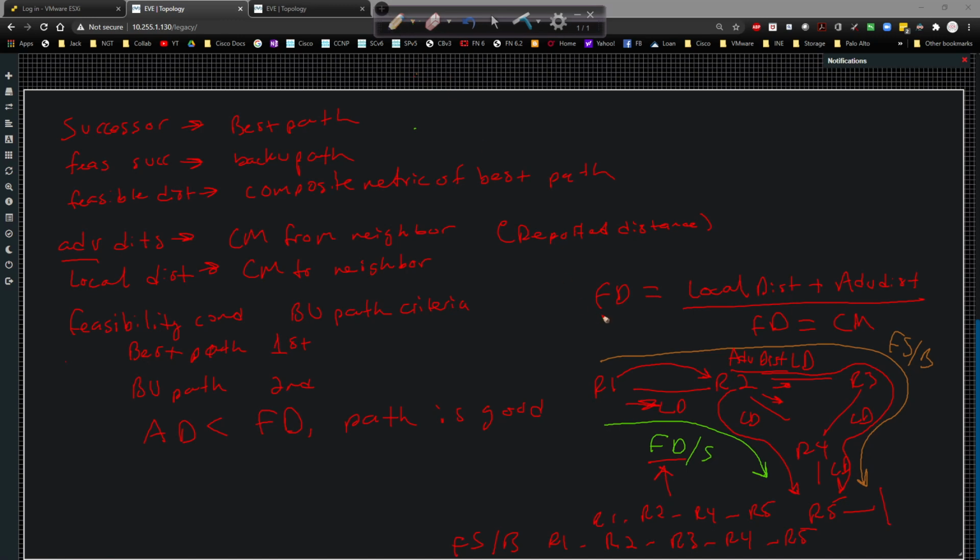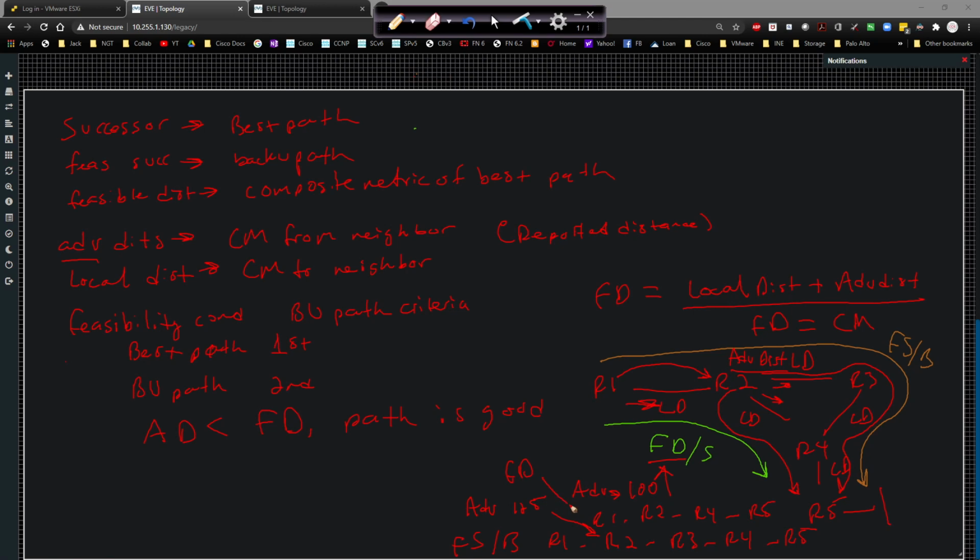let me come back in here and adjust this. This is 100, and then this one here is R2, the advertised distance. Right here, the advertised distance is 100 for this one, and the advertised distance is 125 going this path. But on the total connectivity here, R1 is seeing the feasible distance on this route.